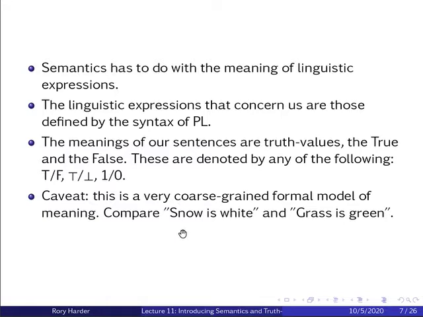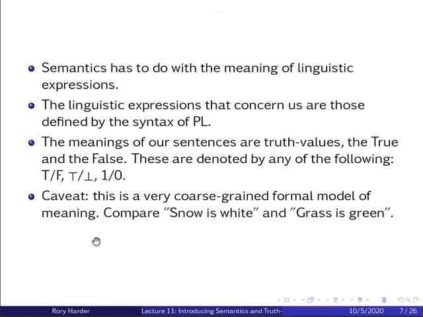They say different things. However, if we are treating these as sentences of our formal language, given that both of these sentences are true, both would be assigned the same thing as their meaning, the true.